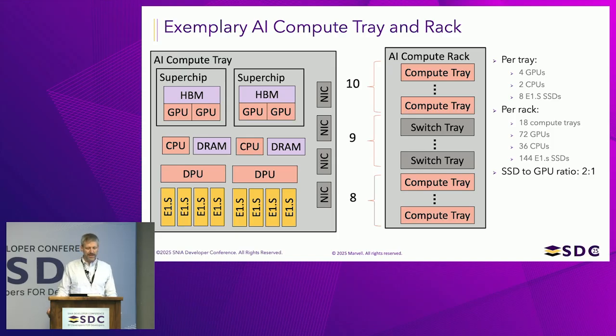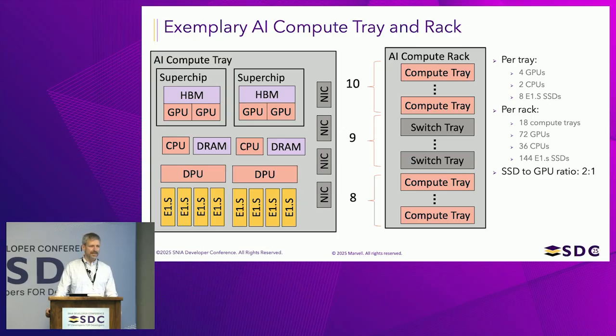So you have an AI compute tray or AI compute server. In this particular example, there are 4 GPUs. You have high bandwidth memory. You have 2 CPUs. There's DRAM. And there are SSDs. And actually, there are quite a few of them within one compute tray. You can see there are 8 E1.S SSDs.